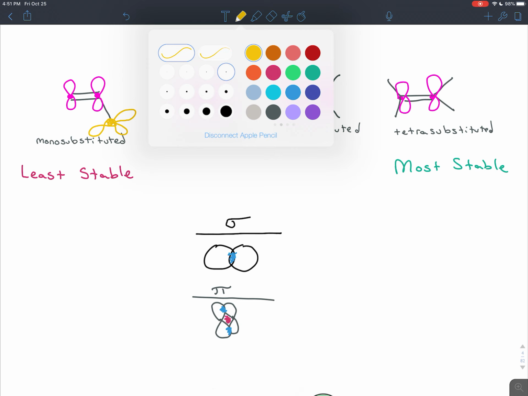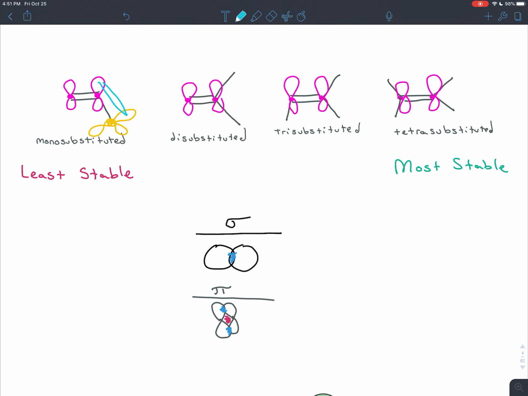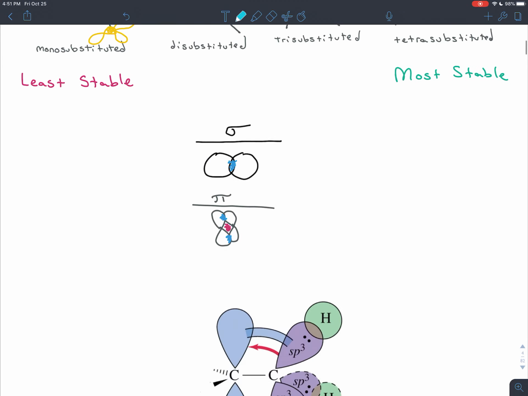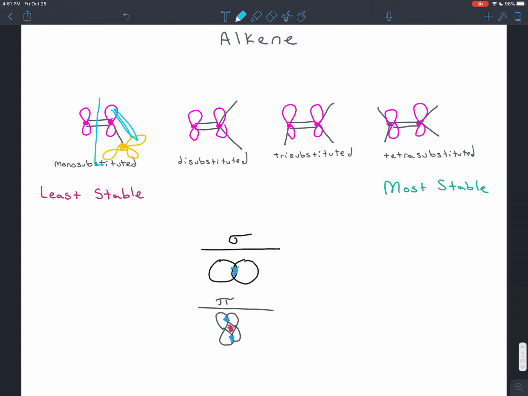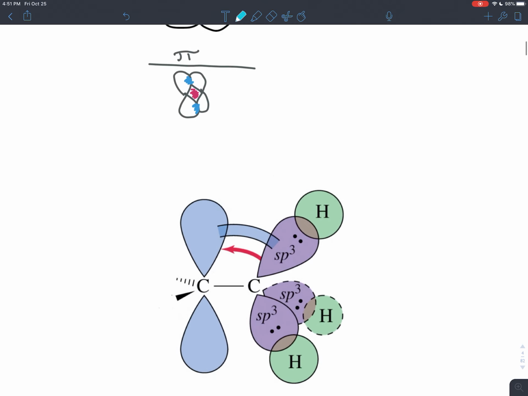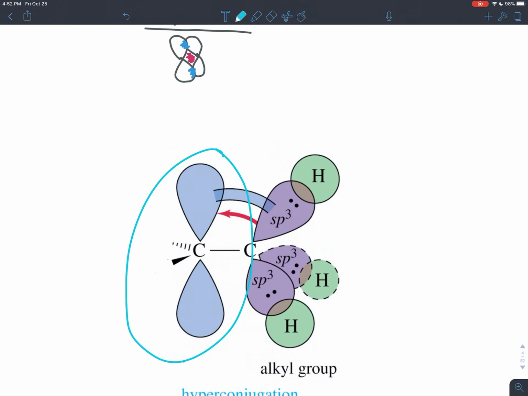Two of those orbitals will not overlap very well, but one of those sp3 orbitals will overlap a little bit with half of the p orbitals. You might see that a little better in this picture, so let's zoom in on just one half of these p orbitals and one of the sp3 orbitals. Notice, this is one of the p orbitals in the pi bond, and you have the sp3 orbitals here, giving you that tetrahedral shape.